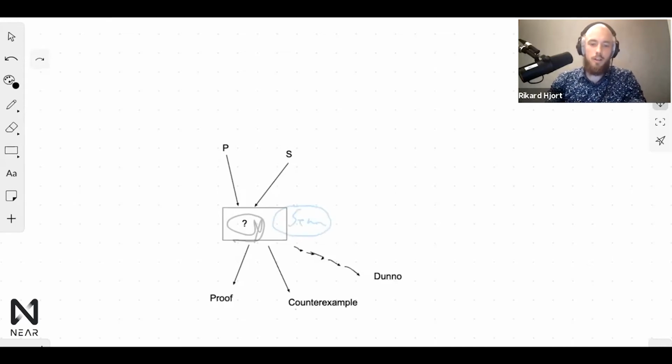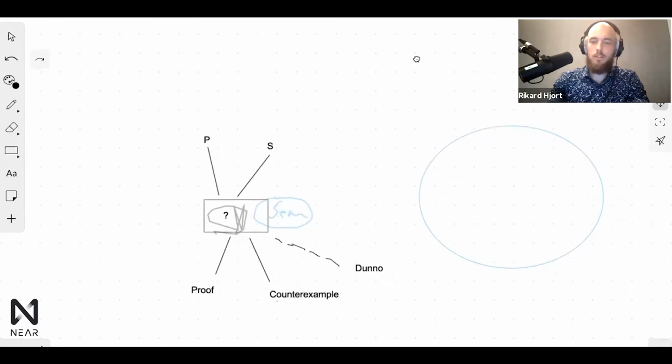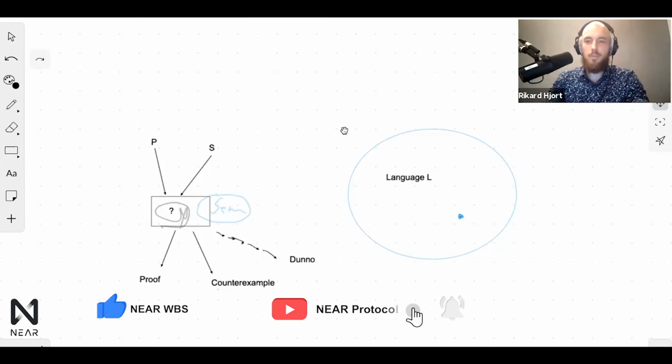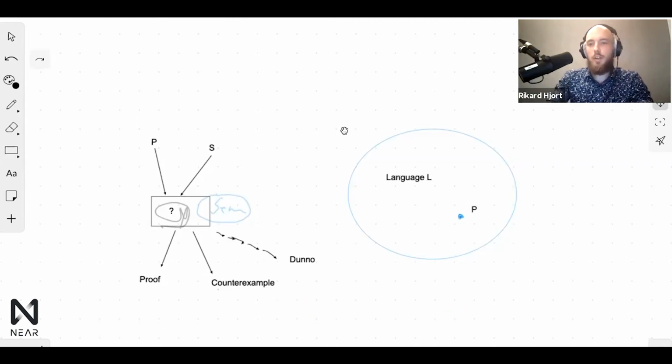So essentially, it's like you define the world of all programs in a language. So that could be Rust or WebAssembly or what have you. And then your program is just a specific element in this world of languages. But to do formal verification, you need to express this language L in a mathematical fashion.